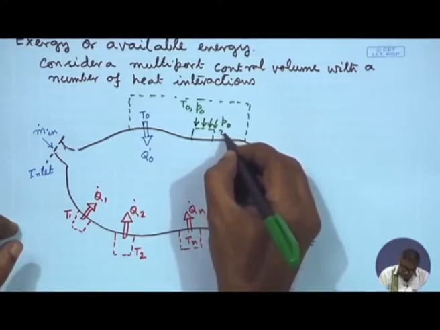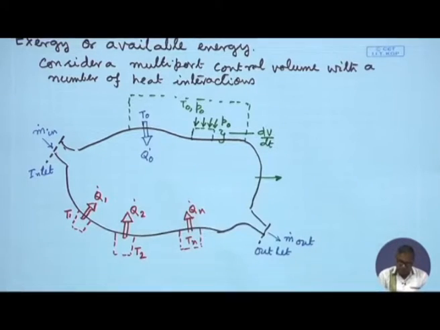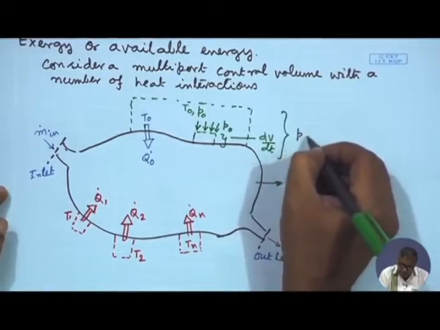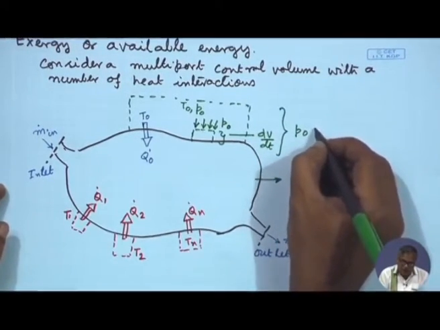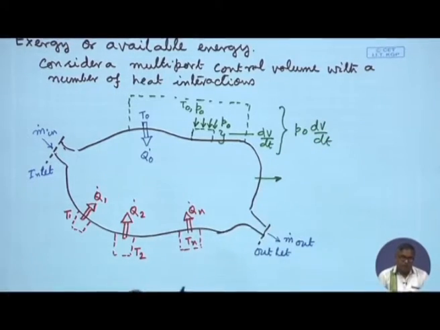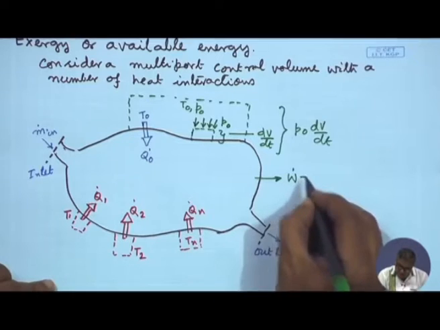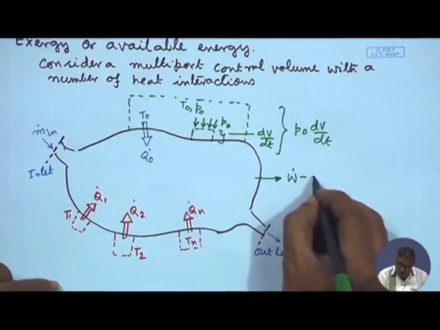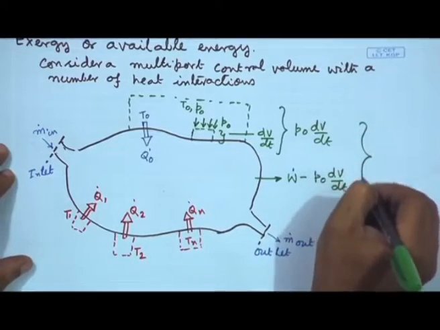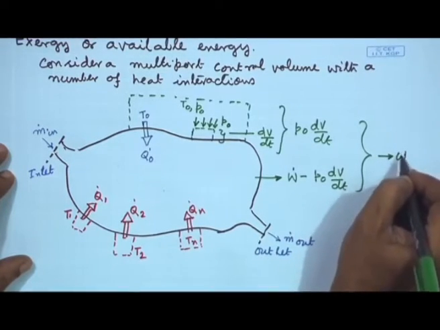We can write this as dV dt, and then the work done will be P 0 into dV dt. So the work is W dot minus P 0 dV dt. So, the total work which I will get from the control volume is capital W dot.